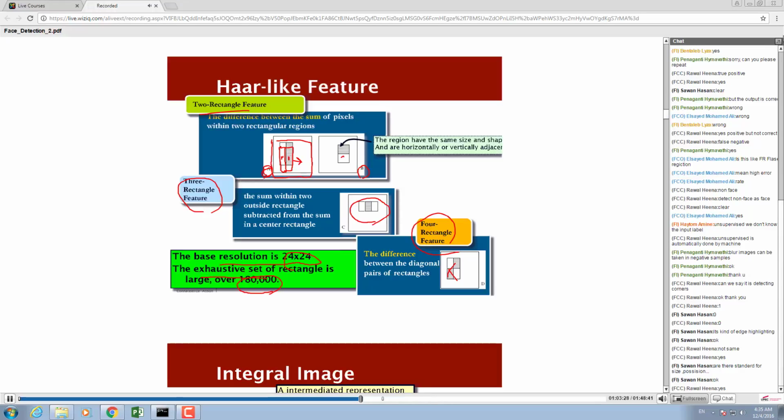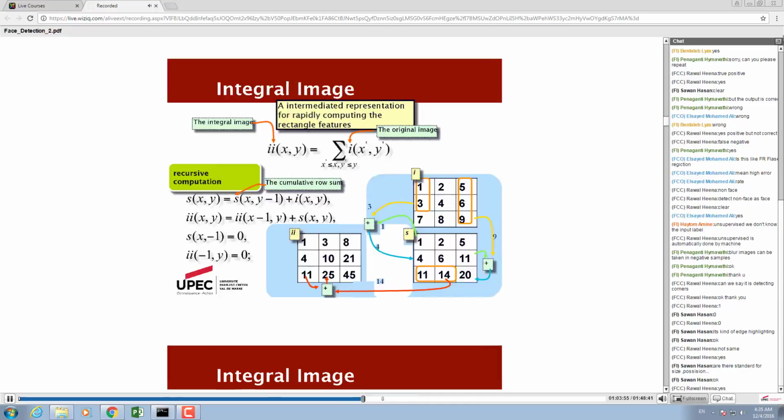So we need addition of many pixel values, and then we have to do subtraction. Subtraction is not so many, it is just subtraction of the sum values. But the addition is happening a lot, so this is actually what takes the time of this feature calculation.